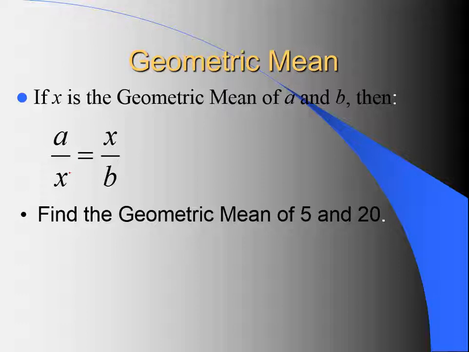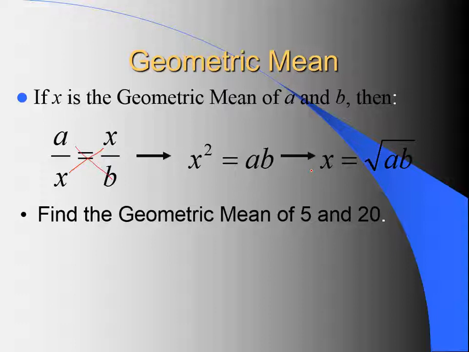These are called means. These are called extremes. Again, we cross multiply and we get x squared, because x times x is x squared. It is not 2x, it is x squared, and that's going to equal a times b. Take the square root of both, and you get x equals the square root of a times b.